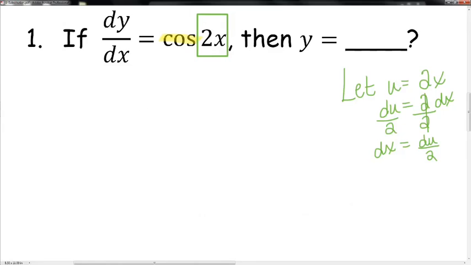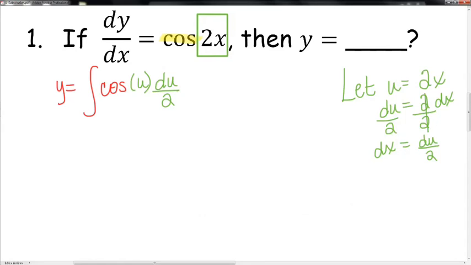So if I want to take the antiderivative, I have cosine, and instead of writing 2x, I said that's equal to u, and instead of writing dx, I said dx is equal to du divided by 2.